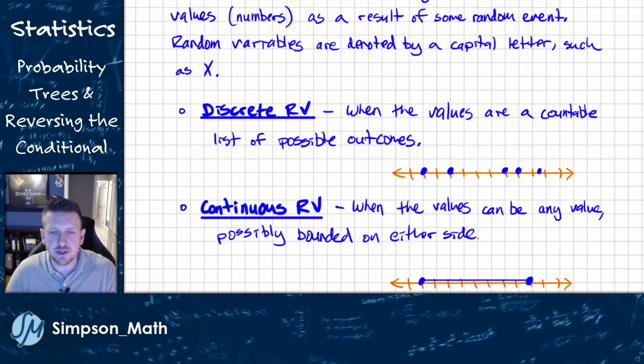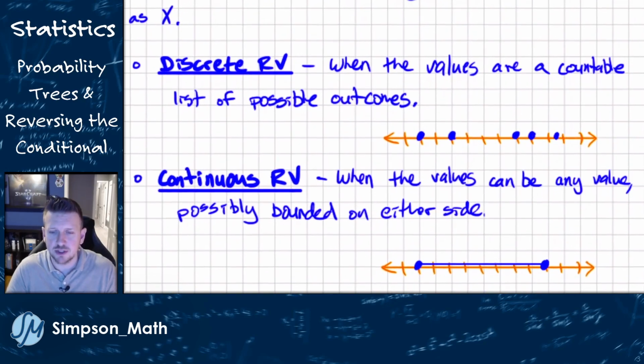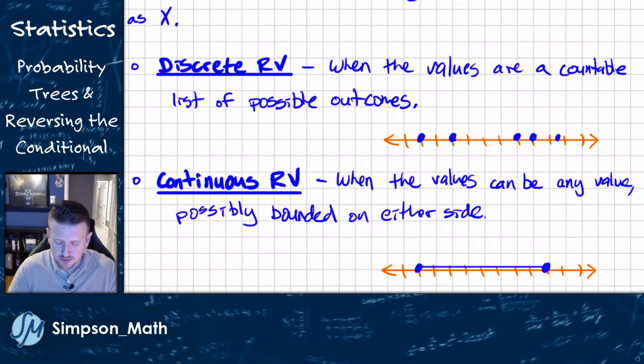There are two types of random variables. This video is going to focus on the discrete one, but just be aware of the differences. Discrete random variables, spelled D-I-S-C-R-E-T-E. The other version, D-I-S-C-R-E-E-T, is like, I'm a spy, don't tell anyone. This discrete is separate and apart.